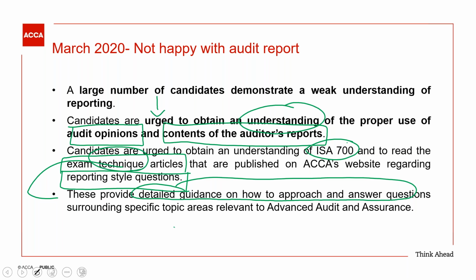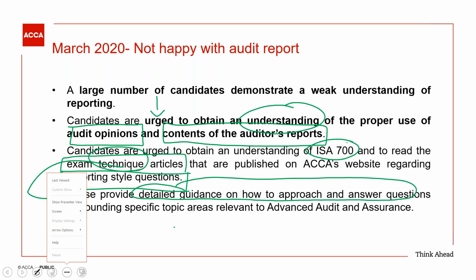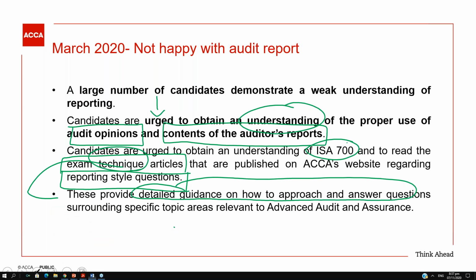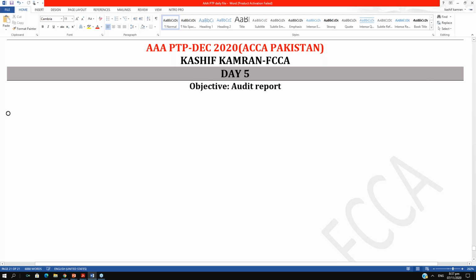Now see what your examiner wants from you. What is the examiner expectation? If you put the examiner expectation in the Word file, day 5, we start from examiner expectation. Let's see if we can meet the examiner expectation by the end of the session. Examiner expectations.